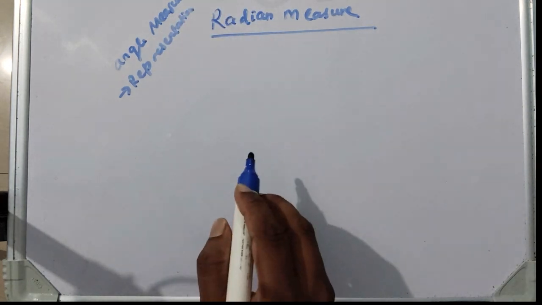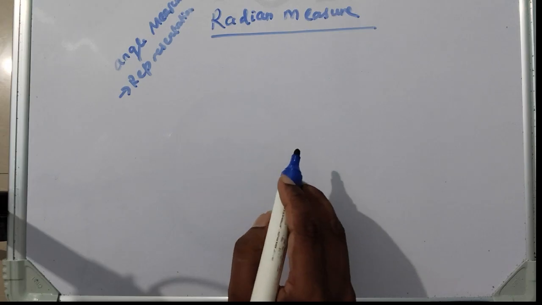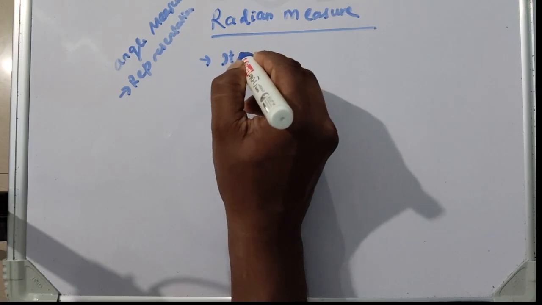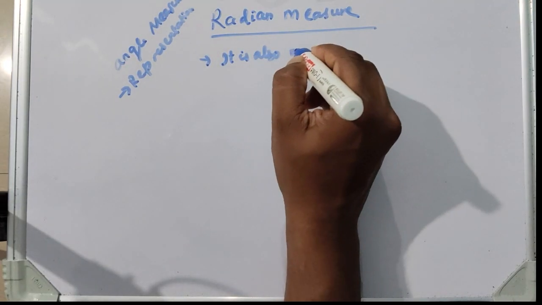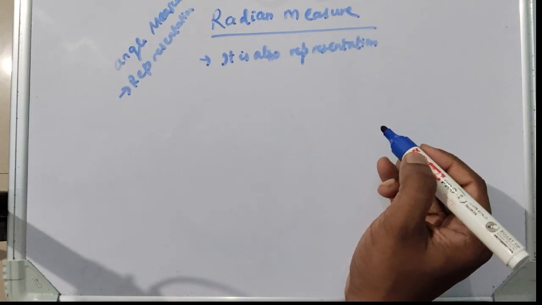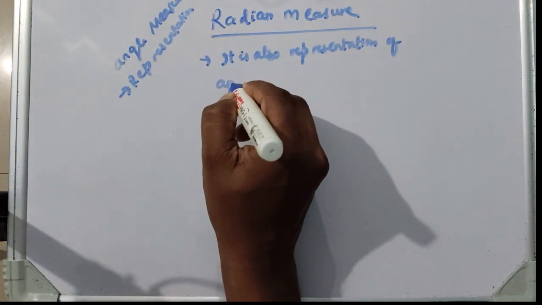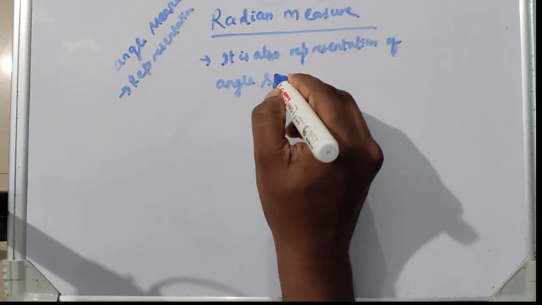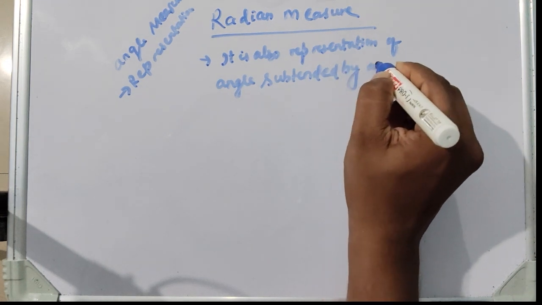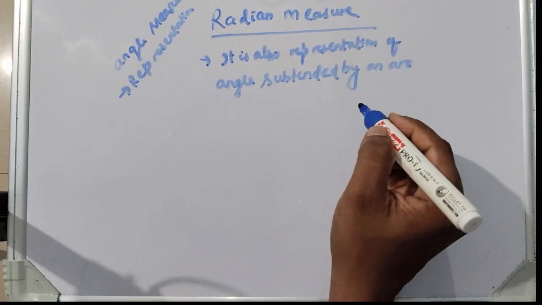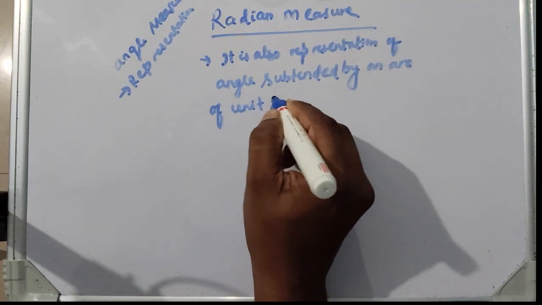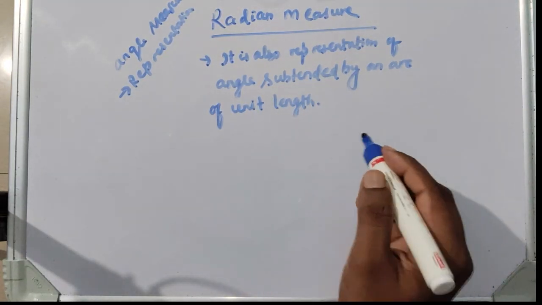Similarly, radian measure is also a representation of angle subtended by an arc of unit length. What does it mean?